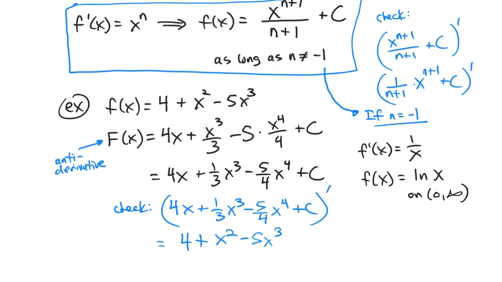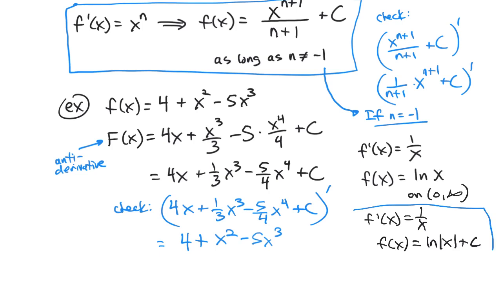So what we do is this. We say that the antiderivative of 1 over x, we basically say this. If f prime of x is 1 over x, then f of x equals natural log absolute value of x plus c. So this is what you'll see in any kind of table of derivatives or antiderivatives, or table of integrals as they're called.